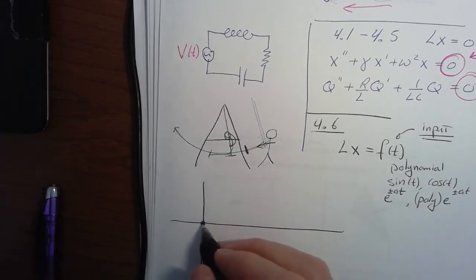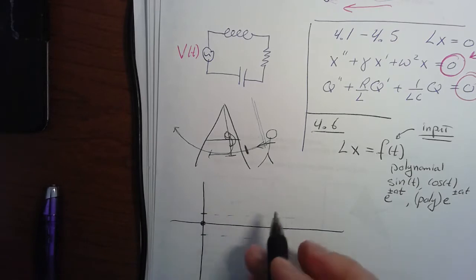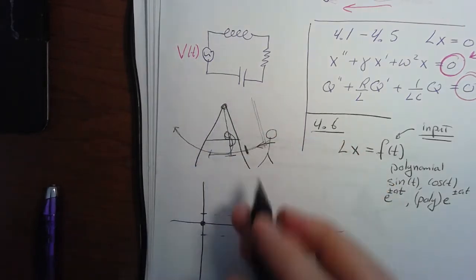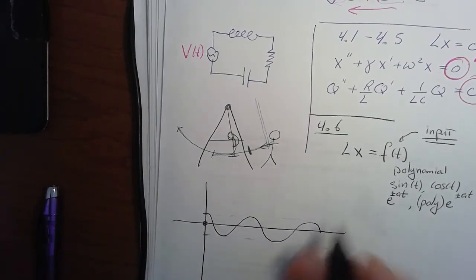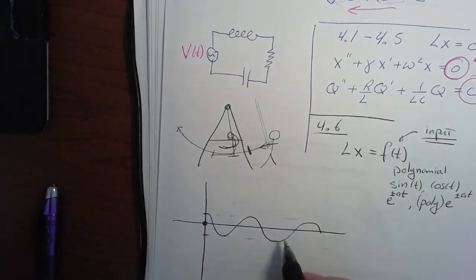Maybe you back up a little bit to give yourself an initial displacement. But if you didn't do anything, and if the bearings up here where the chains mount, if you didn't do anything, you would expect a very boring swing. You wouldn't swing very much. So using your legs, you drive the motion.